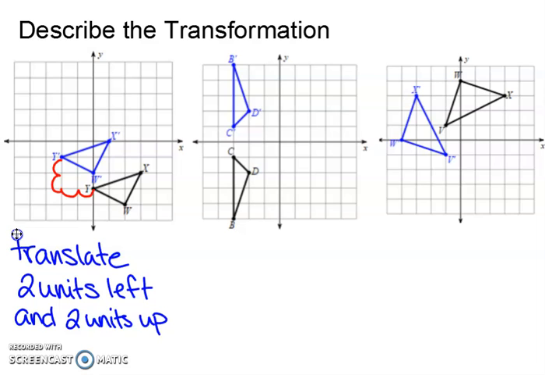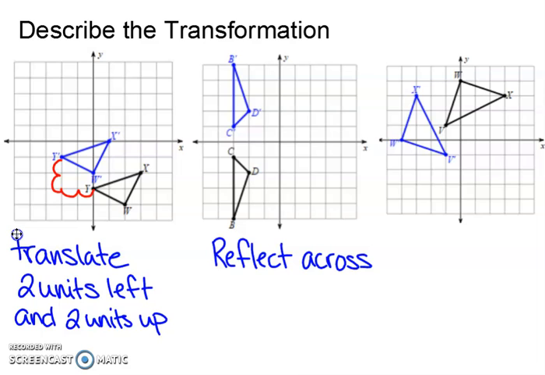In the middle, if I fold this graph, things would match back up. So what I have to determine is if this is a reflection, I would be asked to reflect across, and now I need to determine which line.